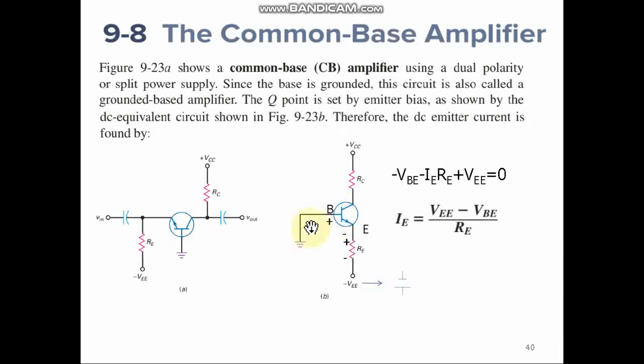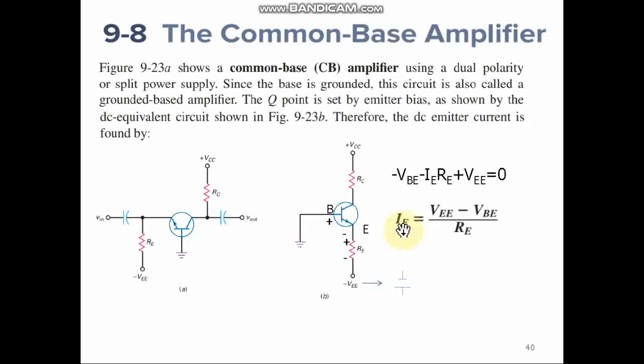Now applying the KVL here, I am using the second sign. So this is VBE, which is negative, so minus VBE, plus minus IE RE, here the current flowing is IE, so minus IE RE, and minus VEE connected here, so the sign will be positive, so plus VEE.